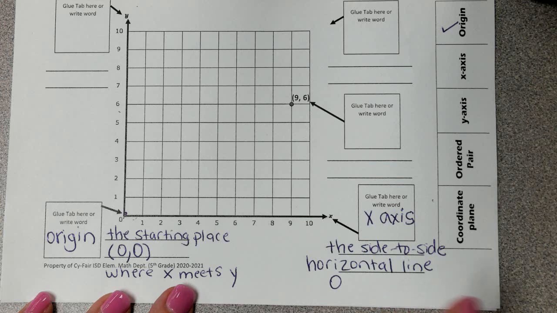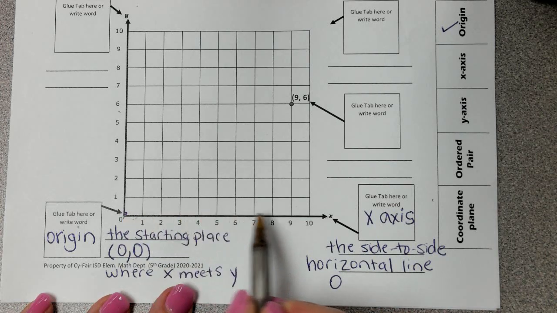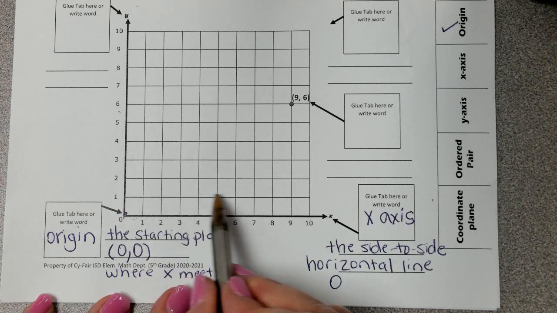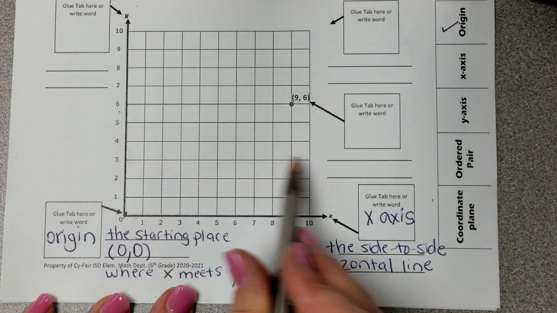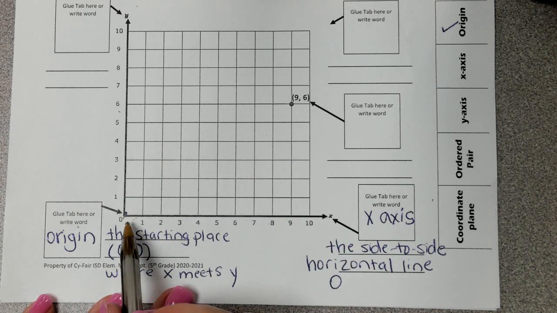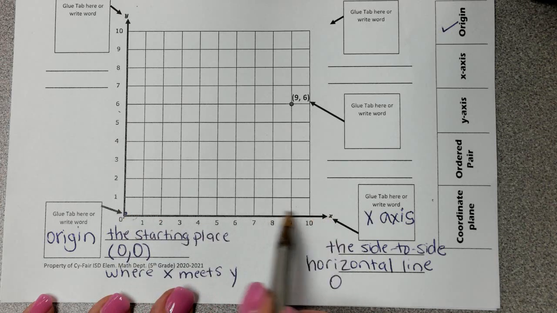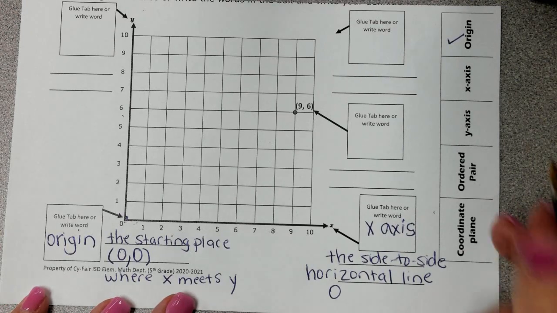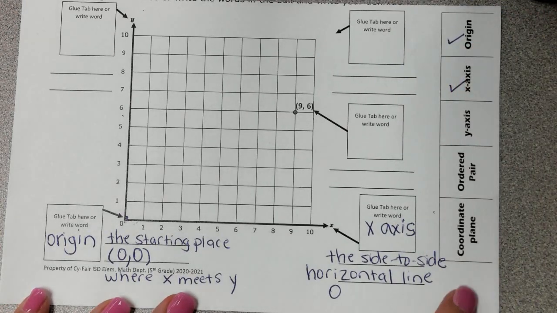If this was Renee's ceiling, this is the wall, right? His wall would have been 0. And then the first line he drew, he called it 1, then 2, then 3. So this side-to-side horizontal line at 0 is our x-axis. Math should make sense. Does that make sense? All right. X, check.